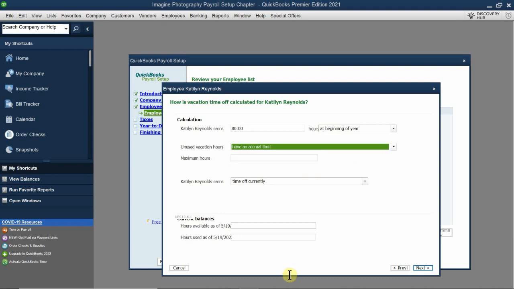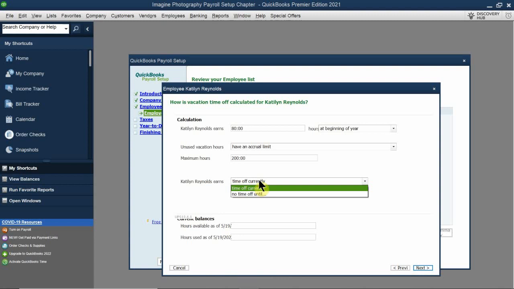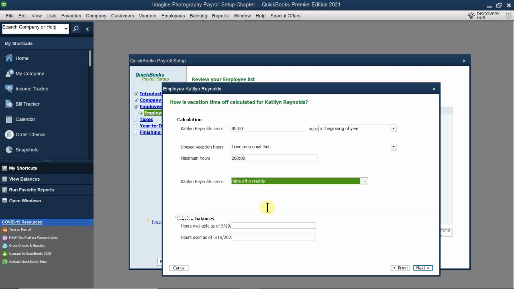The maximum amount of hours that she can claim for PTO is 200 hours. And again, Katie Reynolds can earn time off currently. What are the options? Time off currently, or no limit until. In this case, you can just leave it as time off currently.